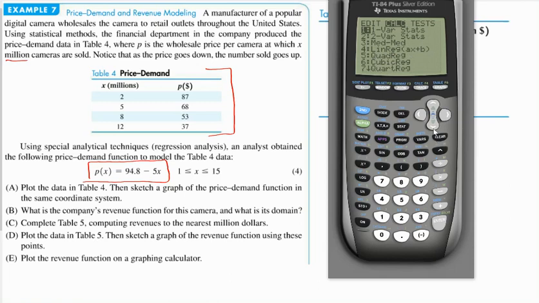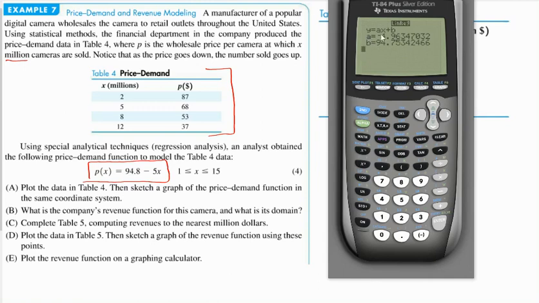So we're going to come down to option 4, enter. The x list is from list 1, the y list is from list 2, that's correct. We go all the way down and highlight the word Calculate, we hit enter.